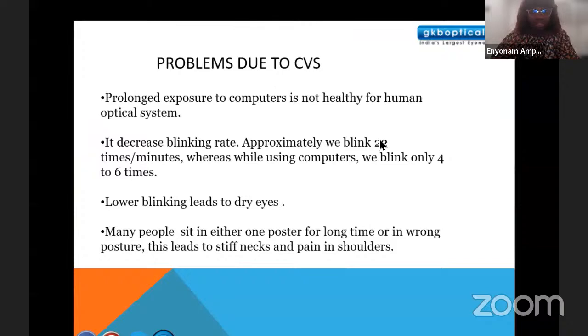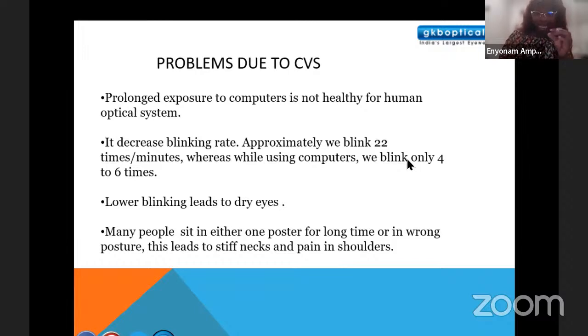Okay, so the problems, as you can see from the screen, are that prolonged exposure to computers is not healthy for the human optical system. We know that is true because it decreases the blinking rate. Usually we blink about 22 times per minute, whereas when using the computer, we blink only 4 to 6 times, which means we blink less.